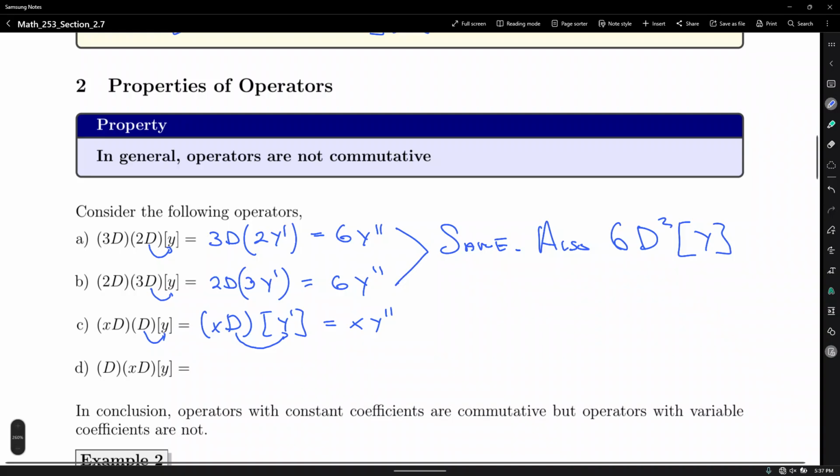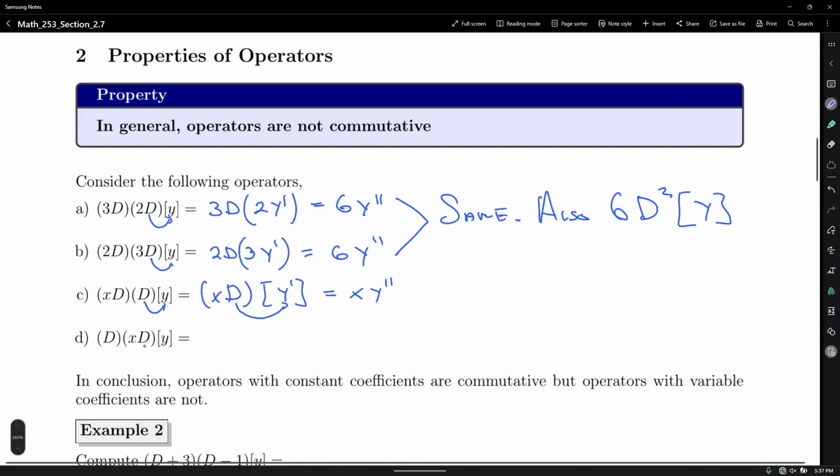Now let's be careful with the next one, because here we're going to have a little issue. So number one, what do we do? D acts on y, and that gives us x times y prime. Actually, let me do instead d acting on x y prime.